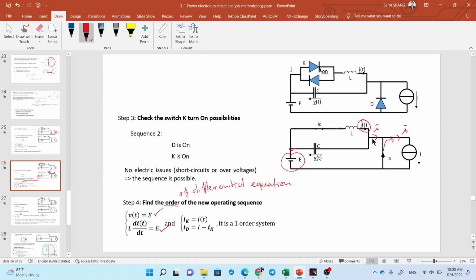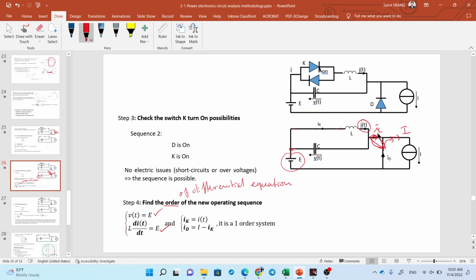As long as this one increases, this one decreases, because the sum of ID and IL is I, capital I.